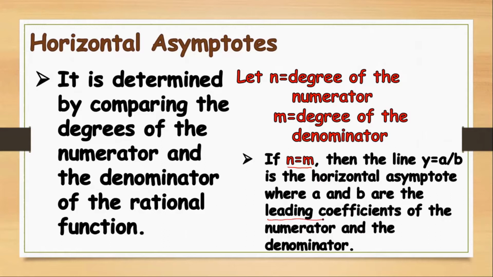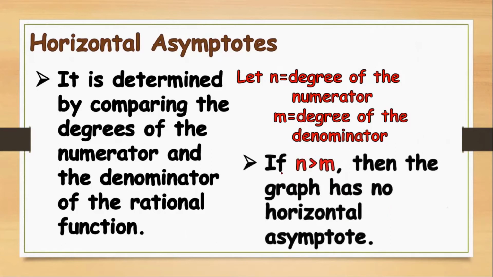When we speak of leading coefficients, those are the numerical coefficients, or the number that is attached to our variable. And lastly, we have this last condition. If n is greater than m, then the graph has no horizontal asymptote.